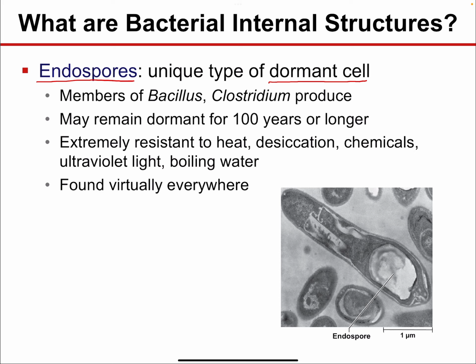We see that, for instance, with Clostridium botulinum, which can form spores in canned food and stay in canned food for a very long time. Under certain circumstances, this spore starts germinating. And when they start germinating, we see the can with a little bump.